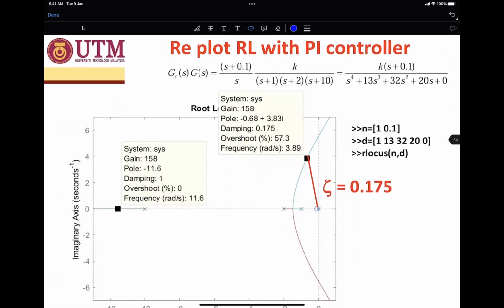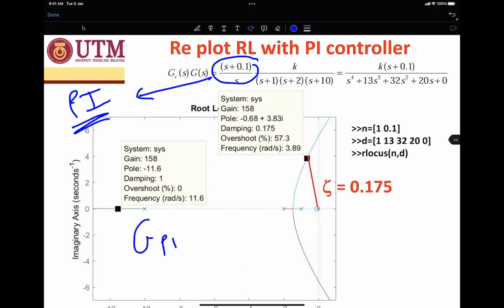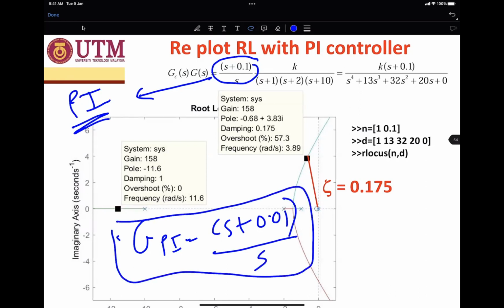So this is the proposed PI controller. PI is very easy and straightforward. You just choose (s plus 0.01) or (s plus 0.1), GPI over s, so it must be over s. The zero is a small number near the origin.